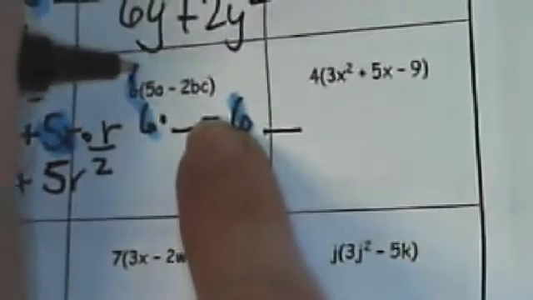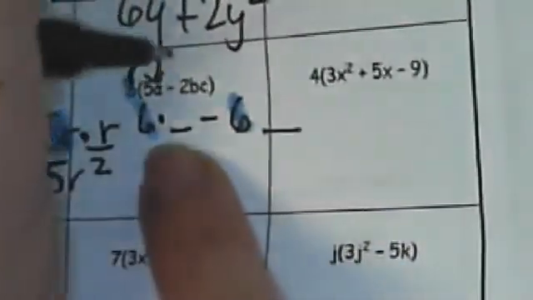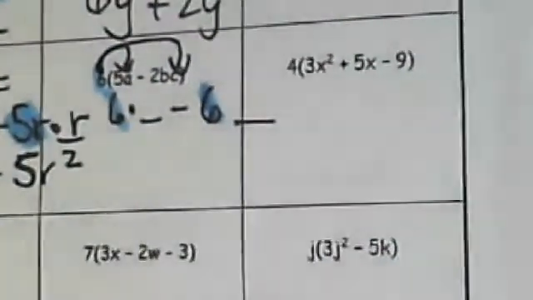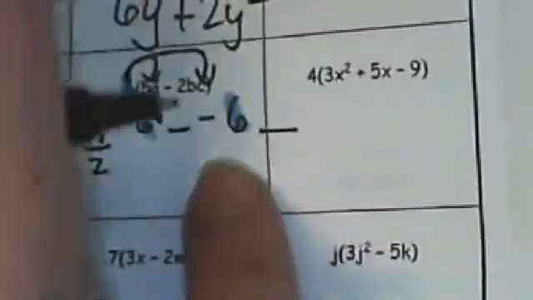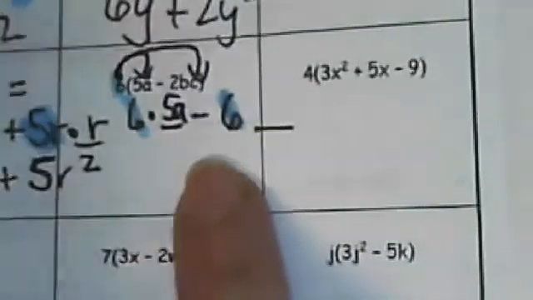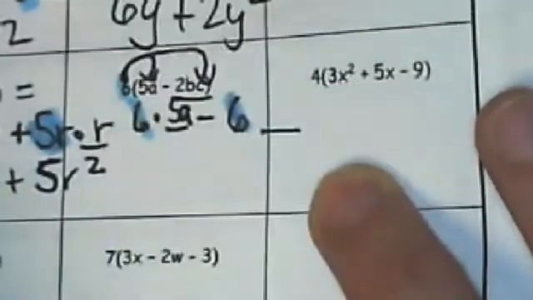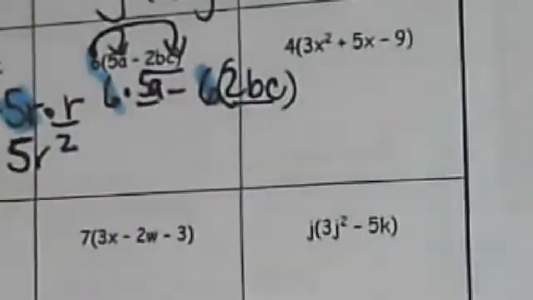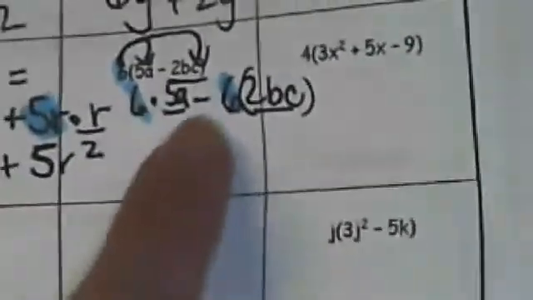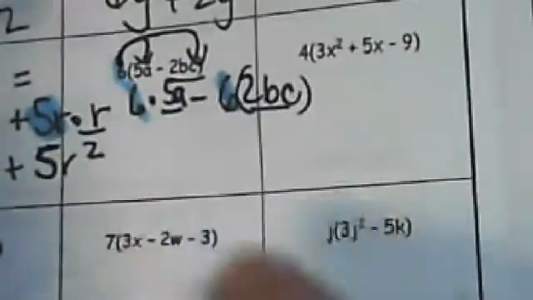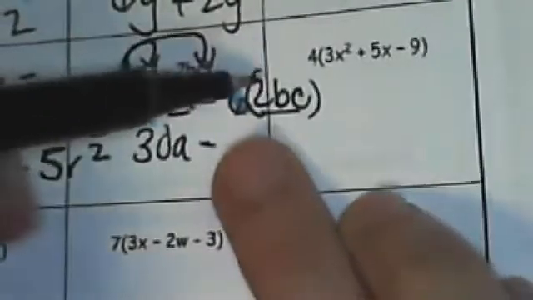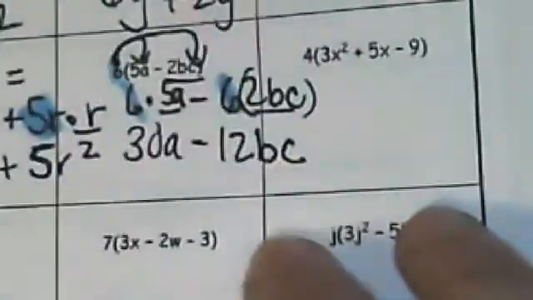Multiply the 6 times the 5a and then the 6 times the 2bc. I already took care of the minus sign because I already wrote it. So I can simplify 6 times 5a, which is 30a. And then 6 times 2 times b times c is the same thing as 12bc.